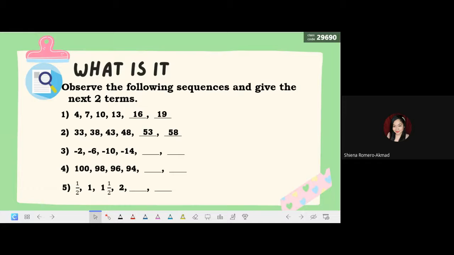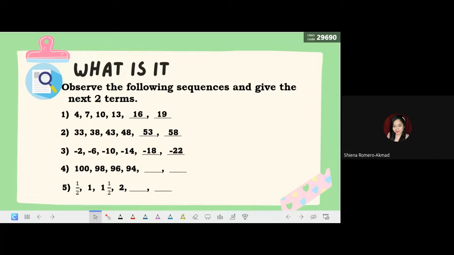Next, how about number 3? O, di ba lahat kayo halos sumasagot? Ay, karamihan lang pala. Number 3, negative 18, negative 22. Correct. Number 4, 92, 90.